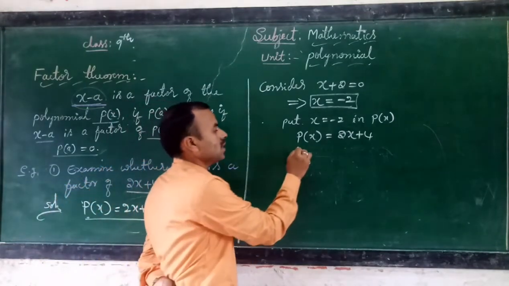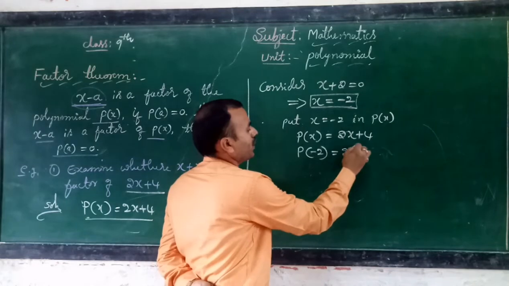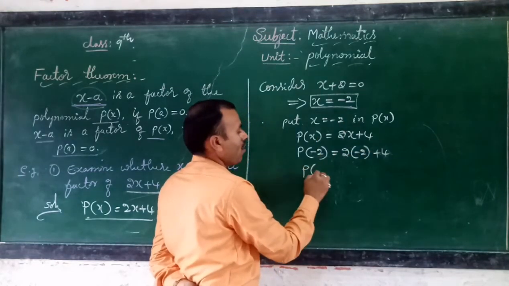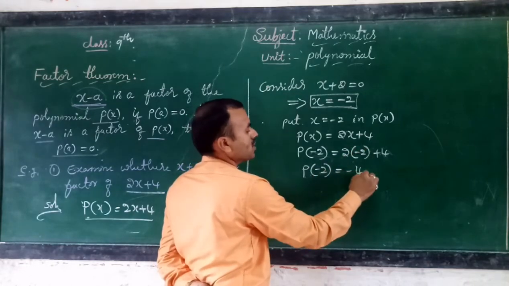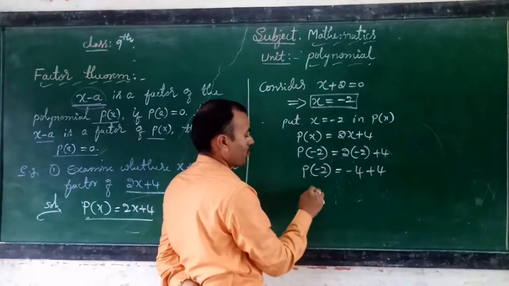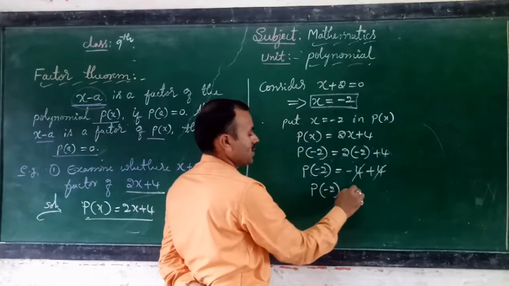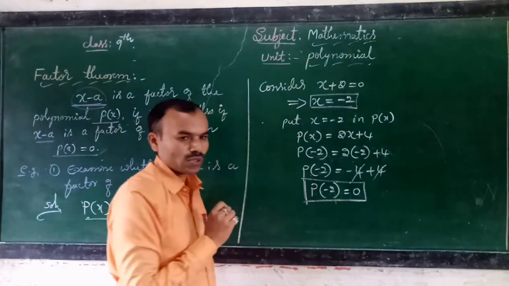In the place of x we put minus 2: 2 into minus 2 plus 4. P of minus 2 equals 2 into minus 2 plus 4, that is minus 4 plus 4, cancel. It is p of minus 2 is equal to 0.